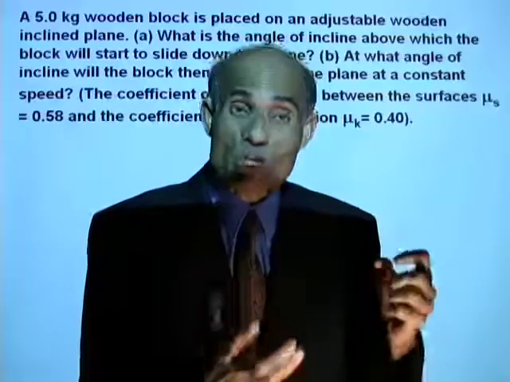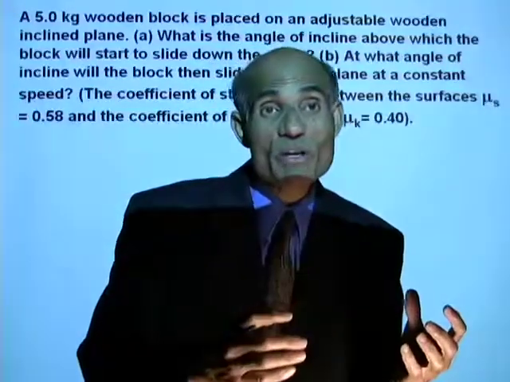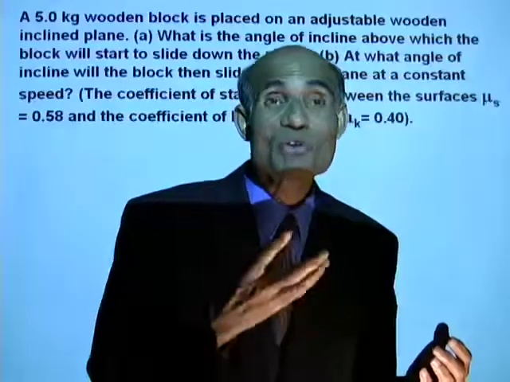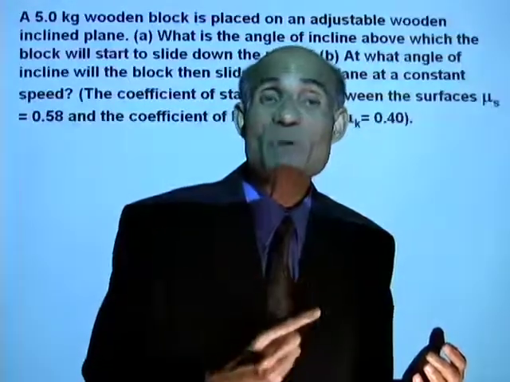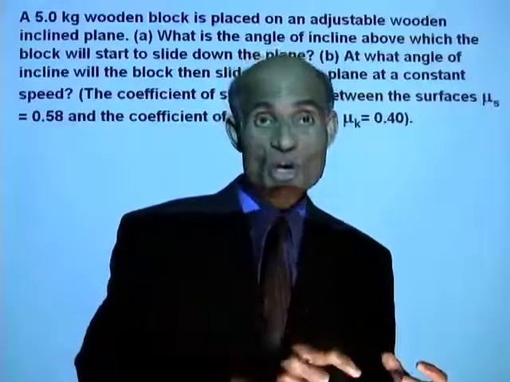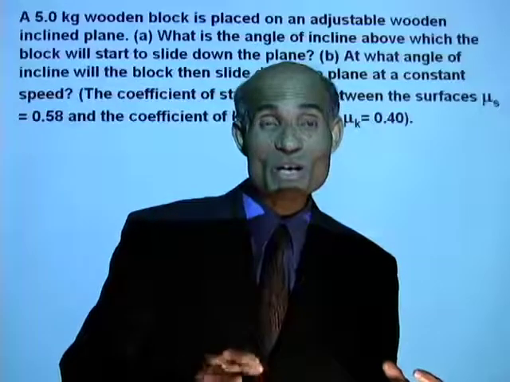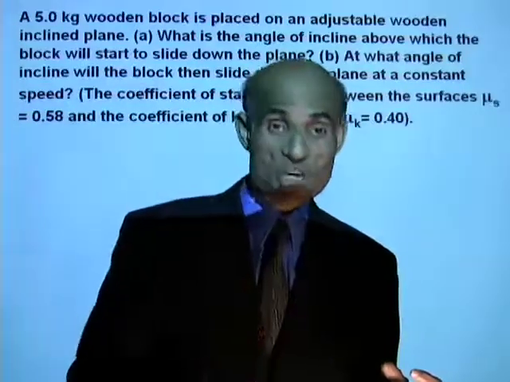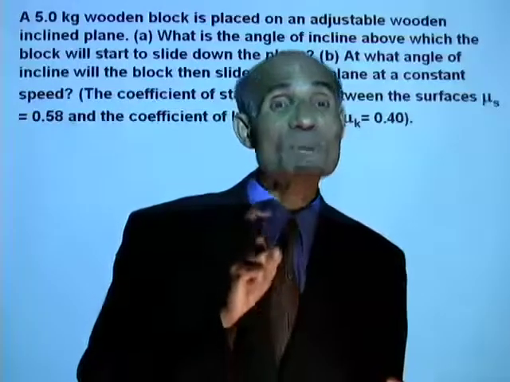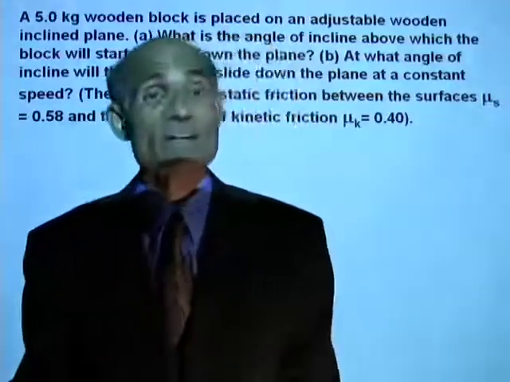And now, once the object begins to slide down, to keep it moving, you can actually decrease the angle, because you don't need the same amount of force to keep it moving. And so the angle at which you can keep it moving with a constant speed will be such that the tangent of that angle will then be the coefficient of kinetic friction. Well, let's put that down.